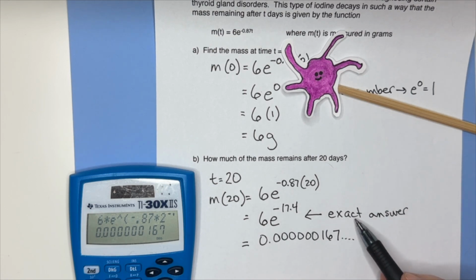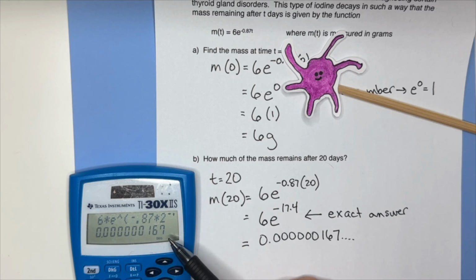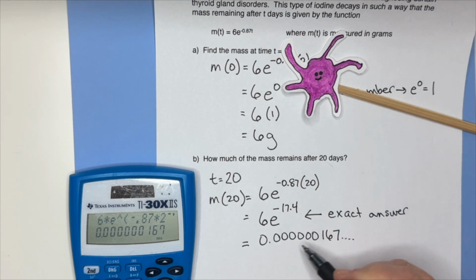Now, the exact answer is going to be 0.00000016, and it may be 166, or we don't know if the calculator has rounded for us or not, so it's close to this. So the best we can do is this, and if I asked you for a decimal approximation, then remember you would do the wiggly equals, and then I would tell you how many digits to go to.